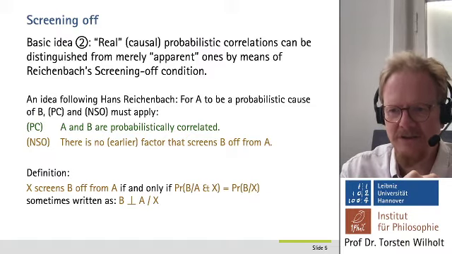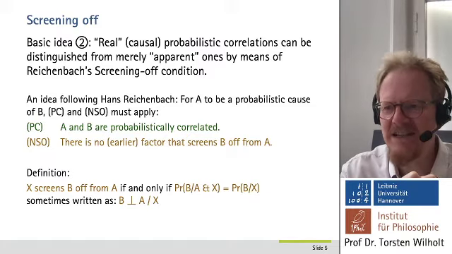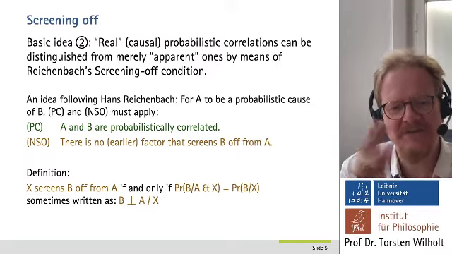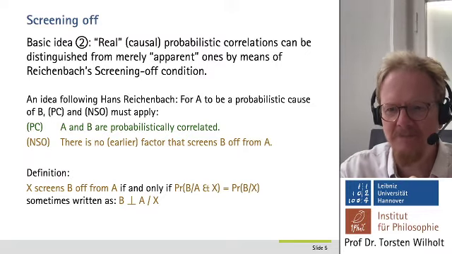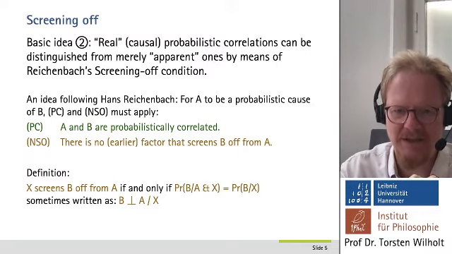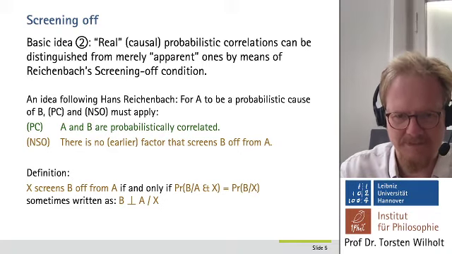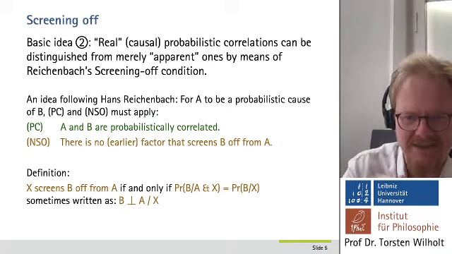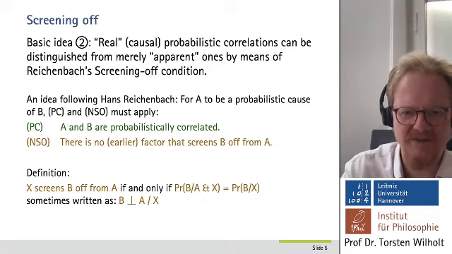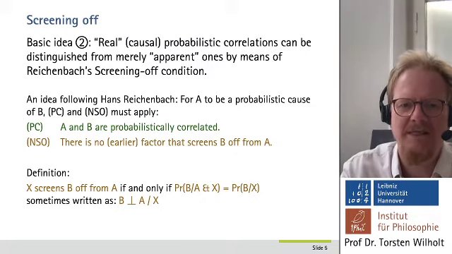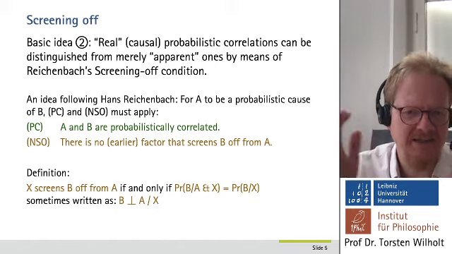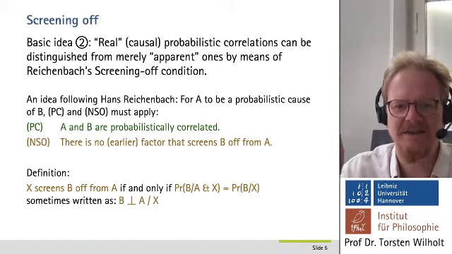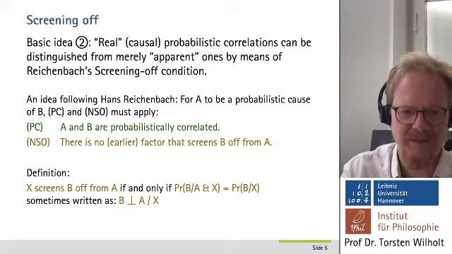But there's a factor X that screens off the correlation, and that is, of course, the factor being pregnant. So if you fix pregnancy and you look only at cases where the person is pregnant, then the correlation between birth and wearing maternity clothes disappears.